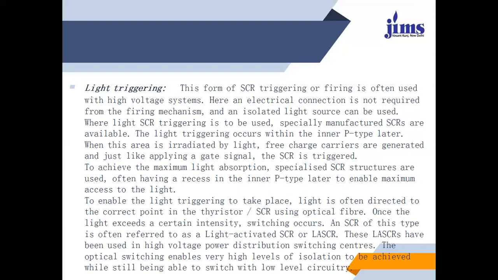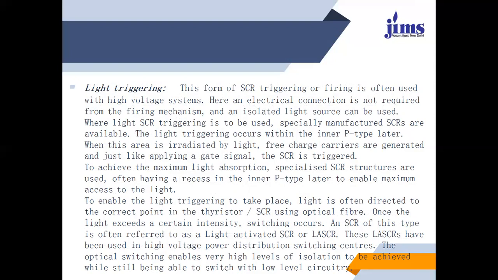When this area is irradiated by light, free charge carriers are generated, and just like applying a gate signal, the SCR is triggered. To achieve the maximum light absorption, specialized SCR structures are used, often having a recess in the inner P-type layer to enable maximum access to the light.